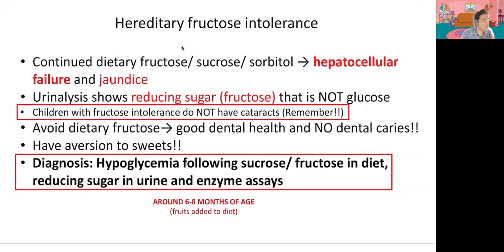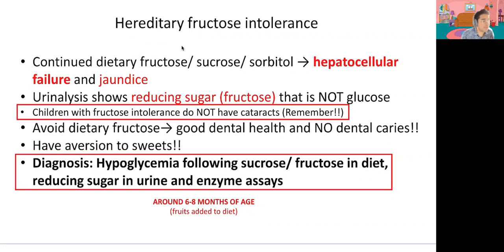Hereditary fructose intolerance is a little bit more problematic. What enzyme are you deficient in? Put it in the chat. Aldolase, exactly. Aldolase B is deficient, because aldolase B takes fructose 1-phosphate and converts it into glyceraldehyde.